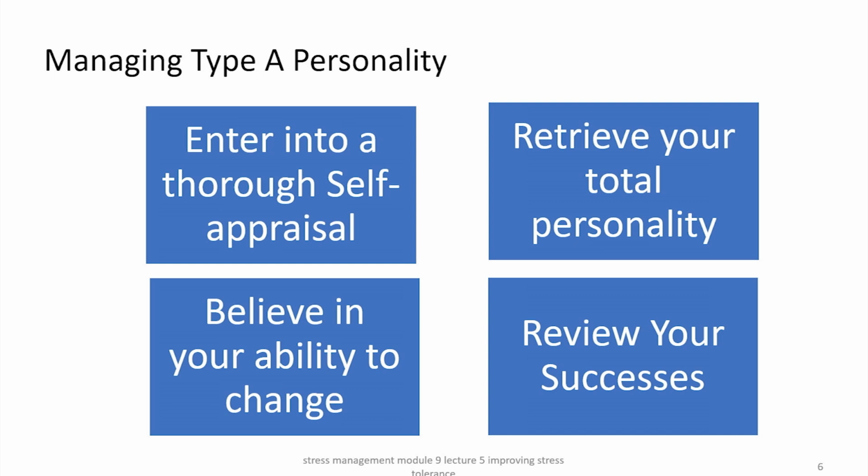So, first a thorough self appraisal is required. One should retrieve the characteristic aspects of one's personality, and then one must be ready to change. One must see the problem as a problem and have faith in his or her capacity to work on the significant aspects of it.